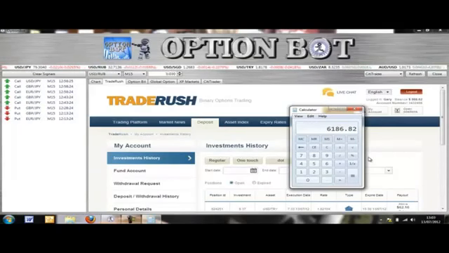So that's a total now of $6,186.82. So I'll just subtract our starting balance of $4,564.82, and that leaves us with a profit of $1,622 in just 45 minutes with Optionbot.